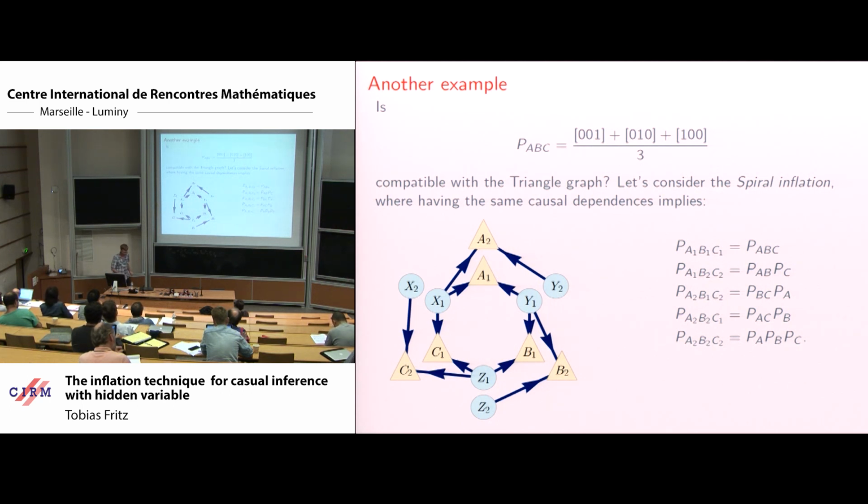And now I substitute these equations into the inequality, basically, and that's how they become polynomial. This is a kind of approximation to the polytope that depends on your inflation. Each inflation gives you an approximation to the set of all distributions P, A, B, C that are compatible with the original causal structure.